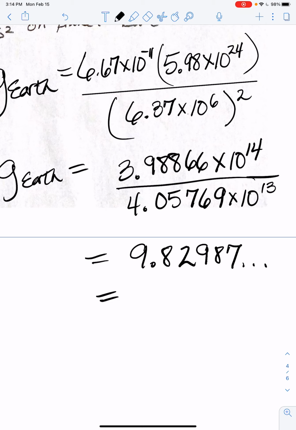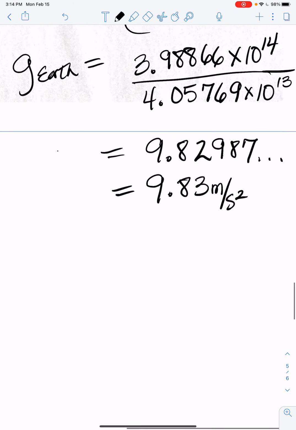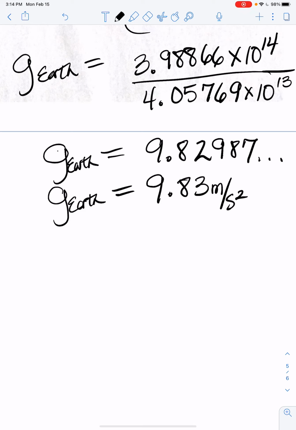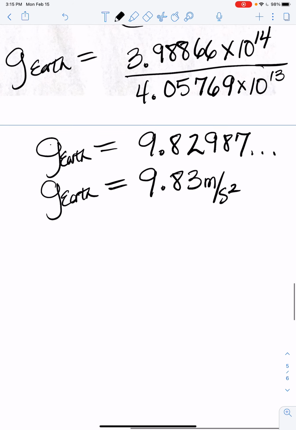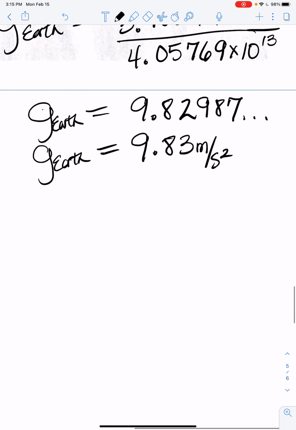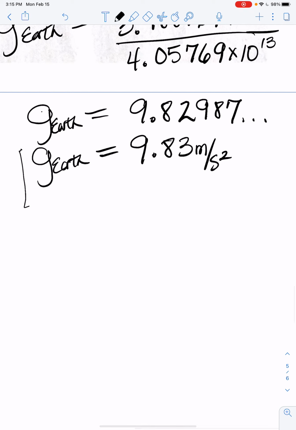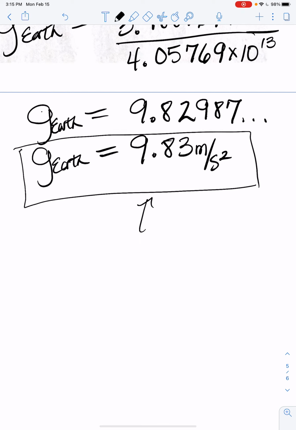It's an irrational number, it looks like, or maybe it stops right there. It's hard to say. So about 9.83, which is pretty dang close to what we'd expect. So obviously there was a little bit of rounding here with the mass of the Earth and the radius of the Earth. But you can see that it checks out that this is very close to being 9.81.